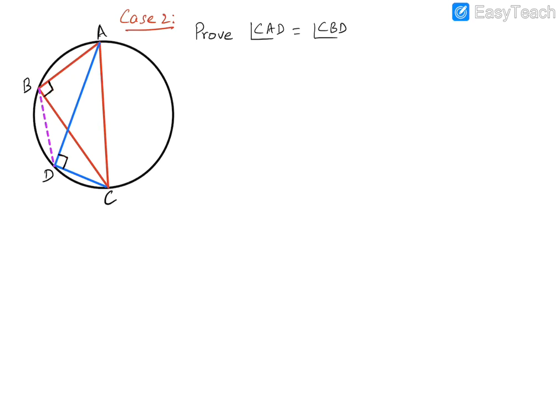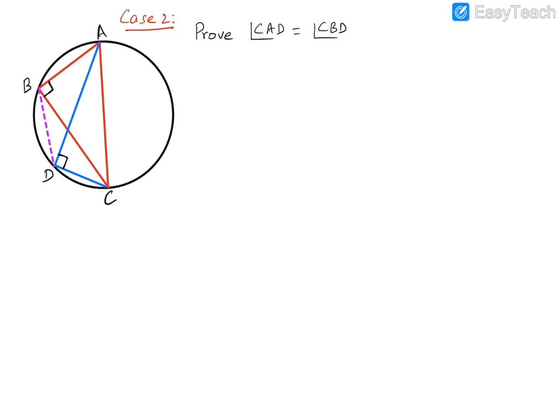And similarly, ABC is also a right angle here. And we see that both these triangles are on the same side of the diameter AC, which is also the hypotenuse of both the triangles.